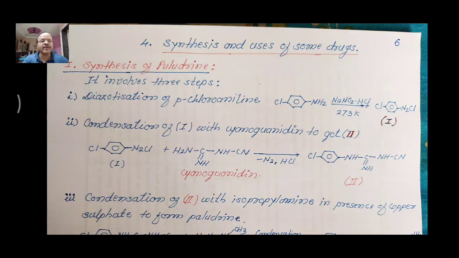The condensation of compound number 1 with cyanoguanidine eliminates a nitrogen molecule, N2, as well as hydrochloric acid, HCl. As a result, we obtain compound number 2, the condensed product of compound number 1 with cyanoguanidine.